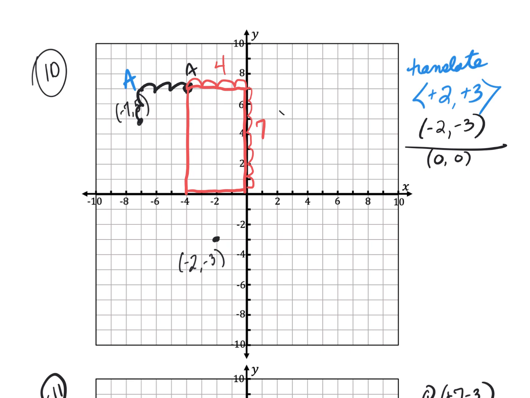Okay, so when I turn my rectangle counterclockwise once, that's 90 degrees because every rectangle has 90 degrees. So my height of 7 now becomes my width of 7 from the origin, and my width of 4 now becomes my height.